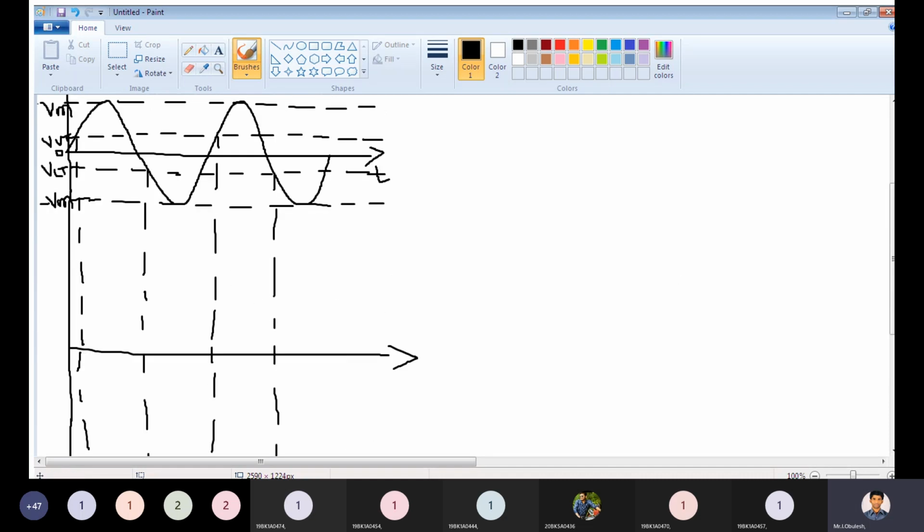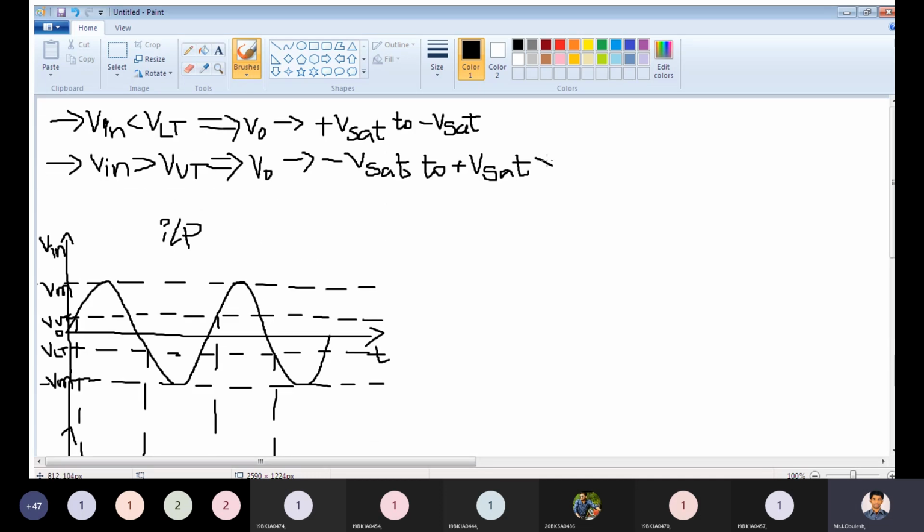Assume that this is the first case: V_in is greater than V_UT.